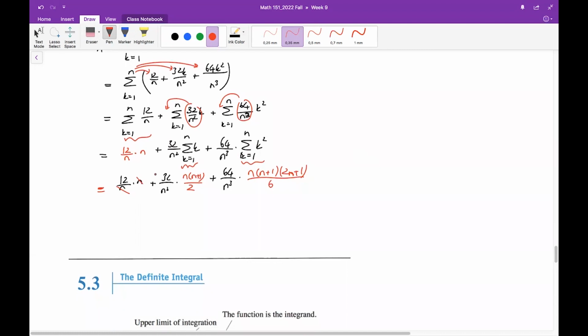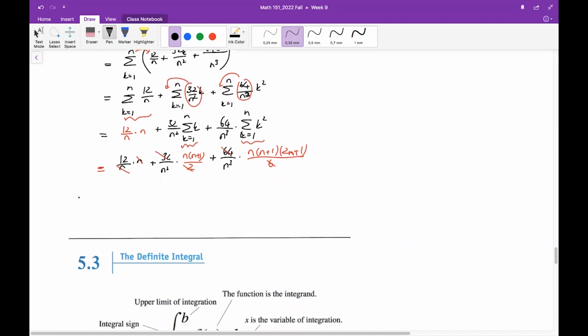Okay, now you have lots of simplifications. After doing all those simplifications, you will obtain Sn as an expression depending on n. So Sn is finally, after doing all the simplifications, can be written like this: 12 plus 16 times n plus 1 divided by n, then 32 over 3, and n plus 1 times 2n plus 1 divided by n cubed.